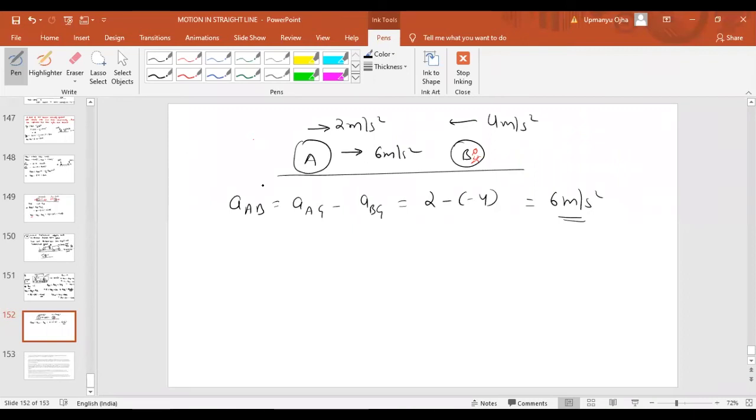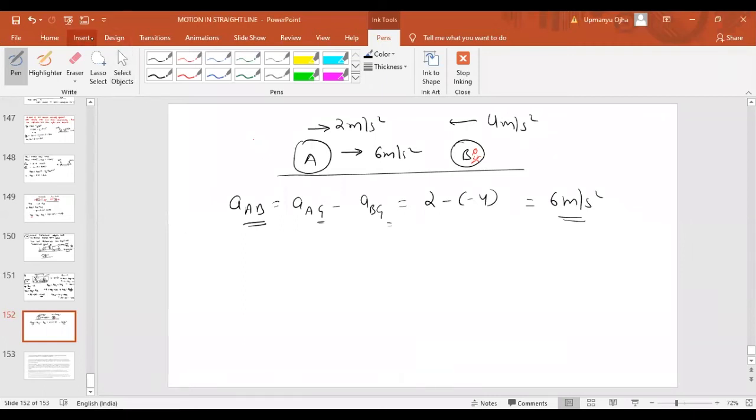Here also I have taken ground as a frame, which is common for A and B. We are calculating the acceleration of A with respect to B, but we have to take one stationary frame, that is ground. Otherwise, how can we find the value of A with respect to B? Okay, fine.